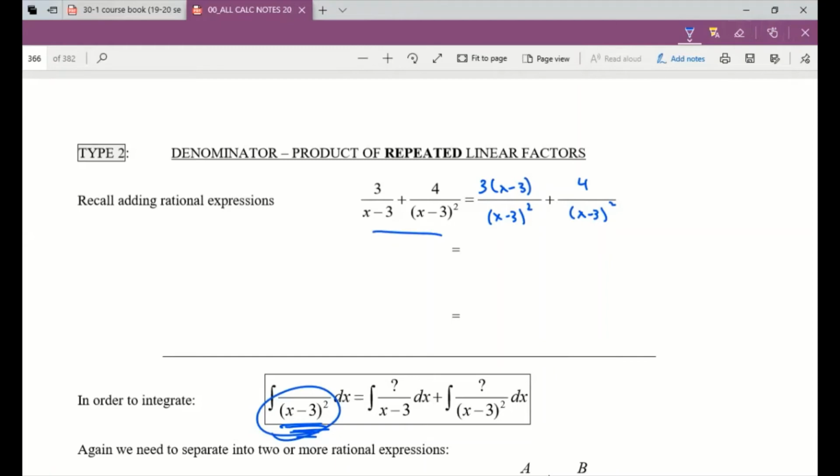In our next step, what do we have? We have 3x minus 9, plus 4 over x minus 3 squared, ends up being equal to 3x minus 5 over x minus 3 squared.